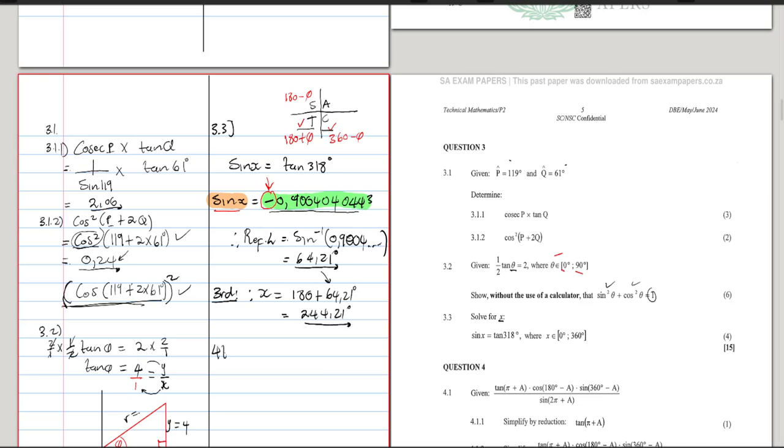And then in the fourth quad, I have x equal to 360 minus 64.21 degrees, equals 360 minus 64.21. Then we have 295.79. There we go. So these are the solutions for that equation.